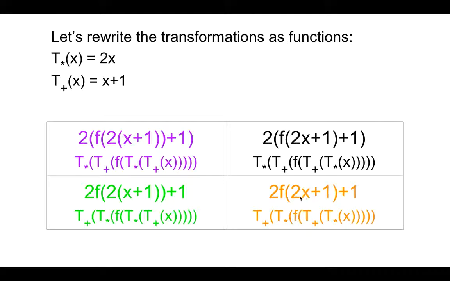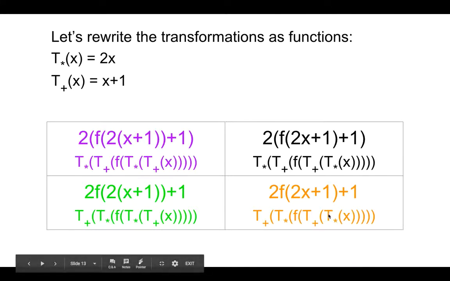And then internally, when we have the 2x plus 1, right, our x has been replaced by a 2x, and then that's been replaced by the 2x plus 1. So our 2x function here, our t star, goes into our t plus transformation function, and then into our function.